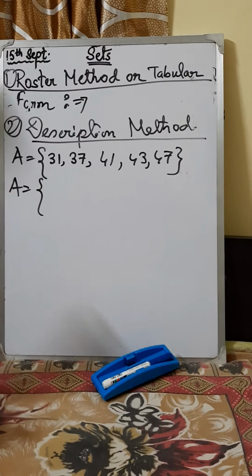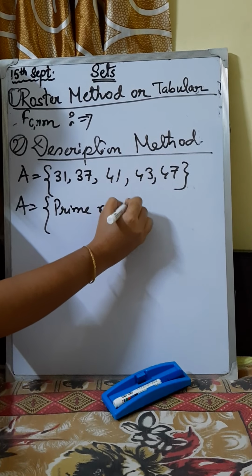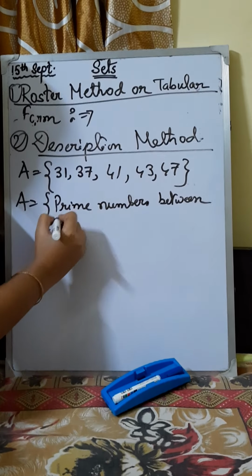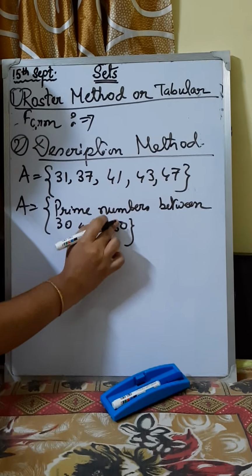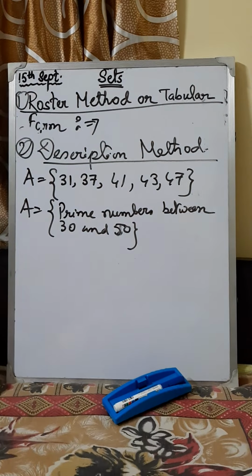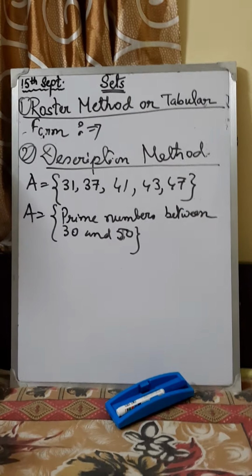So you can write A equals prime numbers between 30 and 50. We write the statement in between the brackets. This is known as the description method.